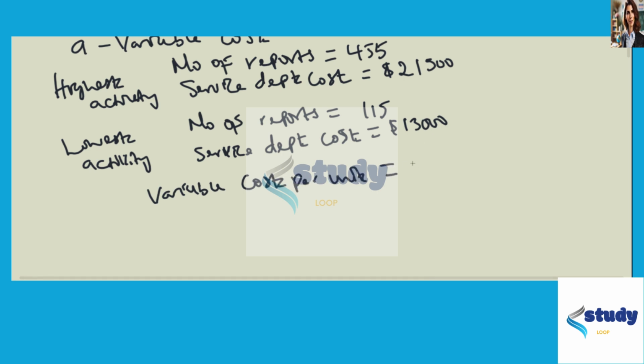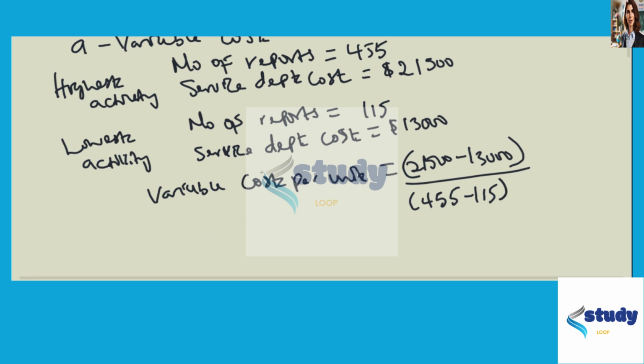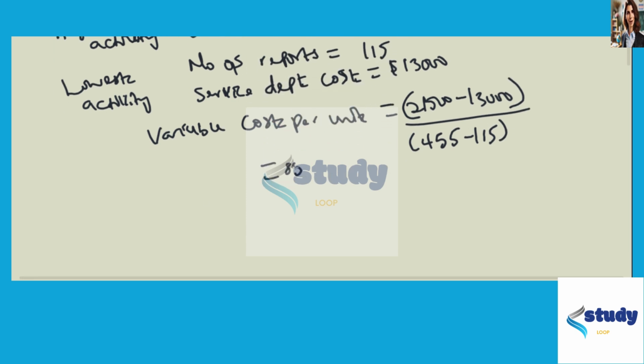So the variable cost per unit will be equal to the difference: 21,500 minus 13,000 divided by 455 minus 115. This equals 8,500 divided by 340, which is $25 per unit variable cost.